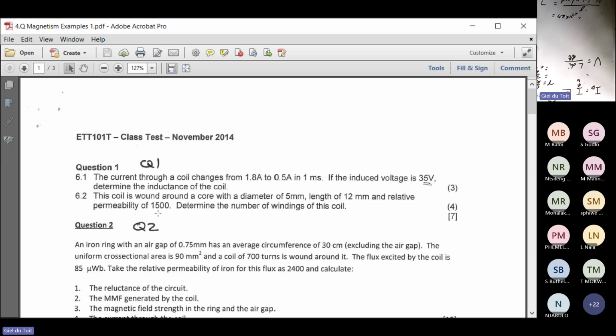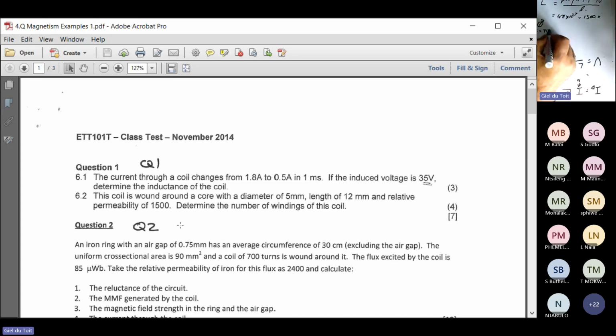This one, 1,500. Times the area. What is the area? The diameter is 5 millimeter. So what is the cross-sectional area?